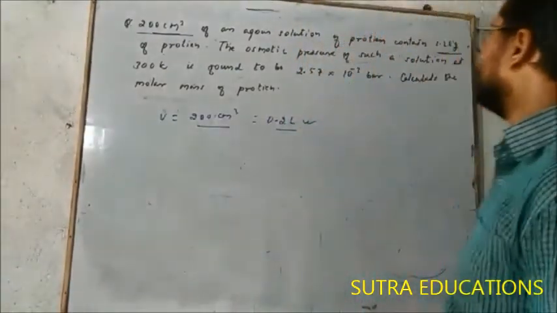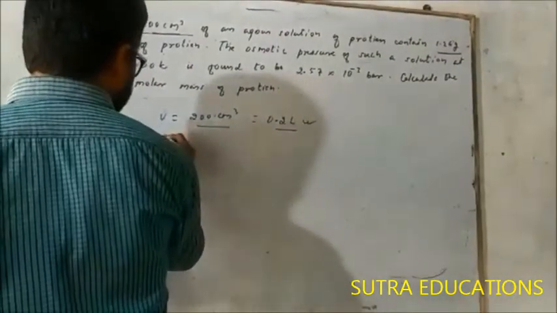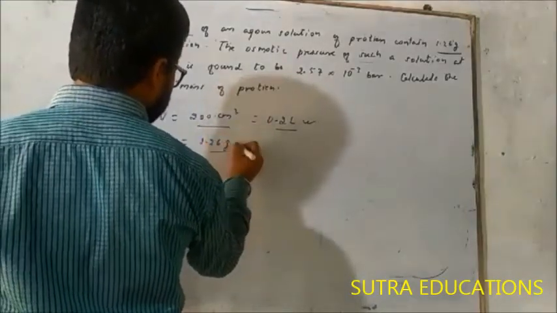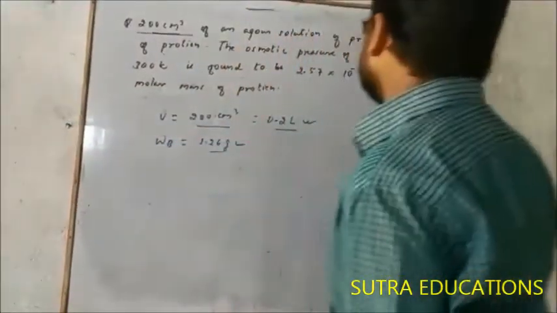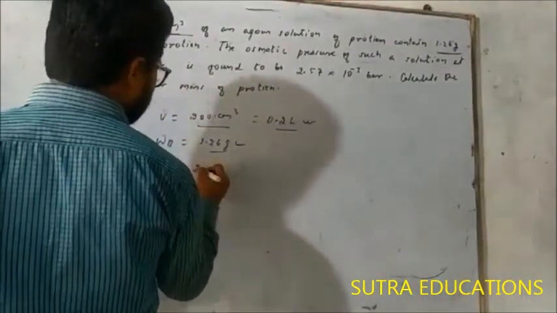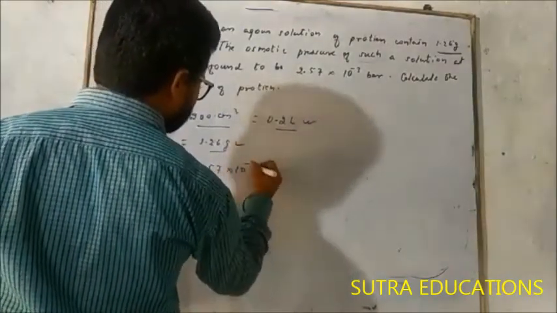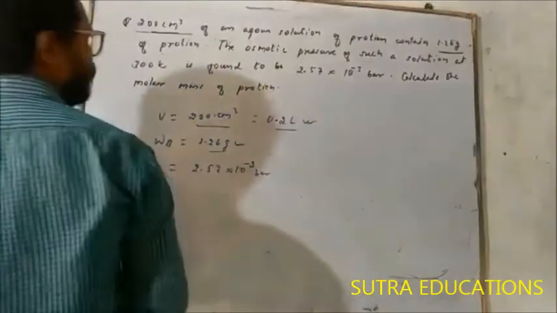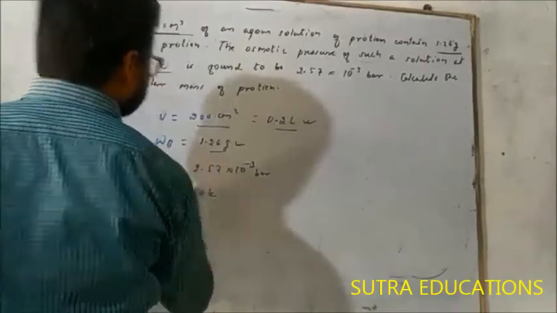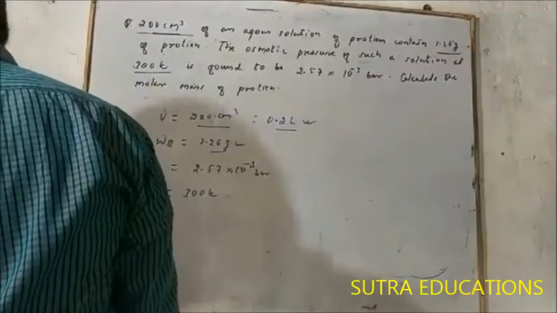Then 1.26 gram of protein is given, so WB is equal to 1.26 gram. The osmotic pressure pi is given as 2.57 into 10 to the power minus 3 bar. Temperature is given as 300 Kelvin. Calculate the molar mass of protein.